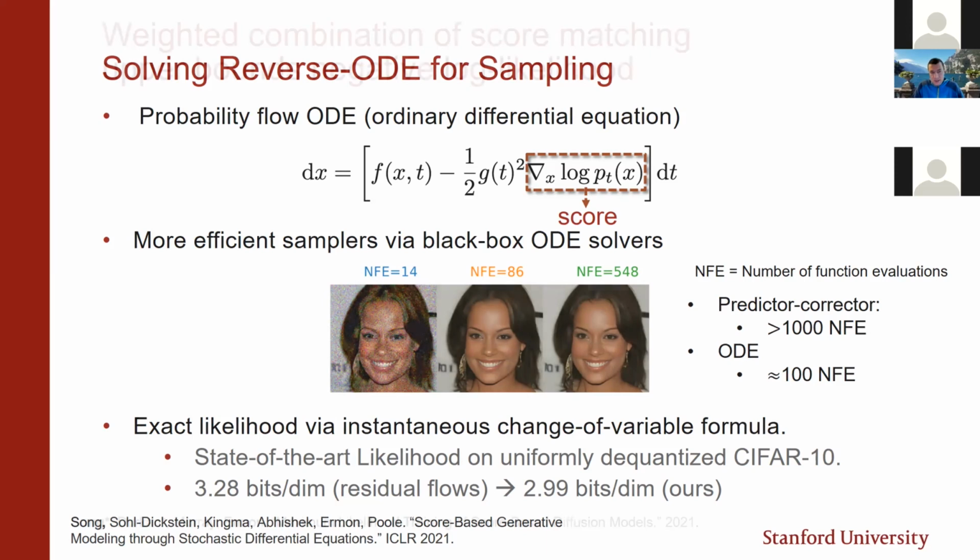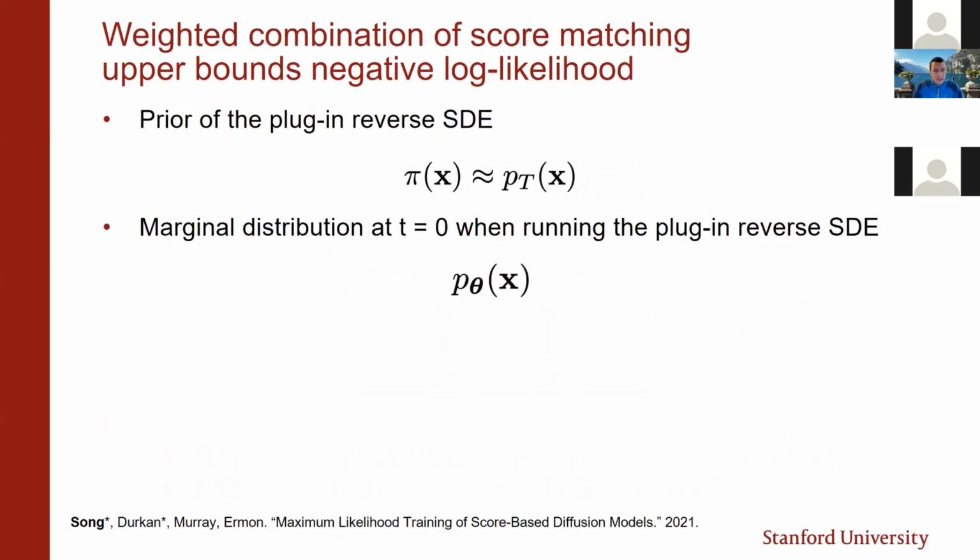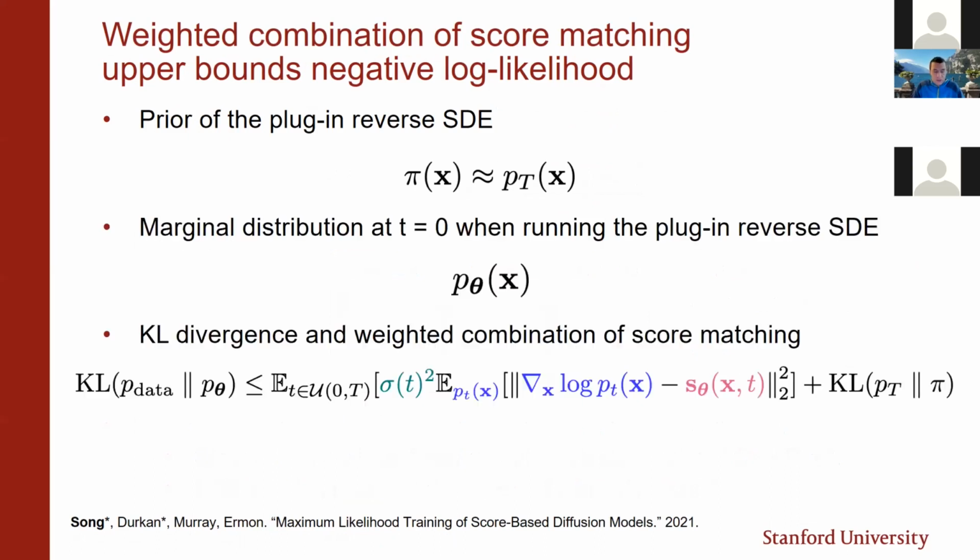And the reason is something that we figured out in a paper that's going to be appearing in NeurIPS. It turns out that there is a connection between training by score matching and maximum likelihood. If you look at the training objective that you see here on the right, that we've been using to train these models, we have all these noise perturbed data densities, and we're jointly trying to estimate the scores of all of them.